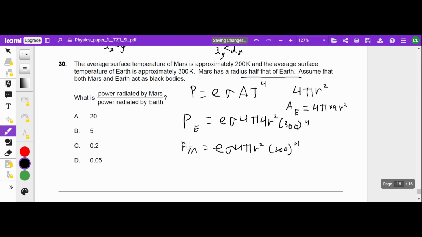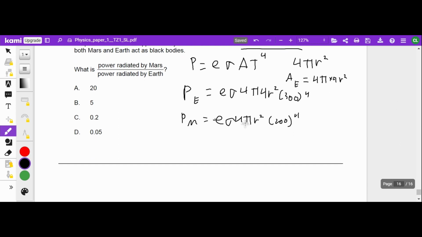So it's Mars divided by Earth, so these all cancel out. Pm over Pe will become 200 to the power 4 over 300 to the power 4 times 4.